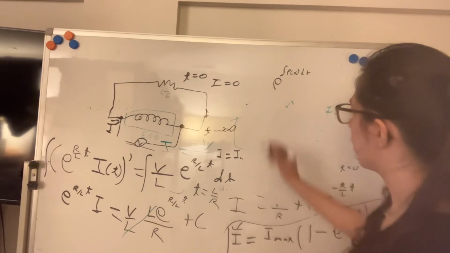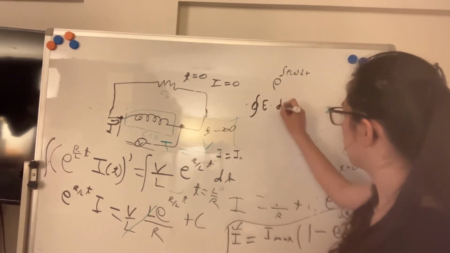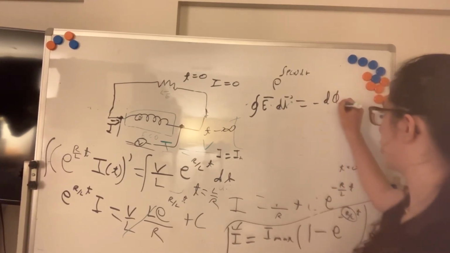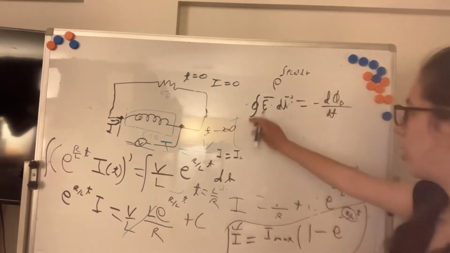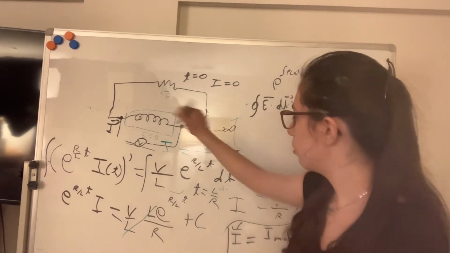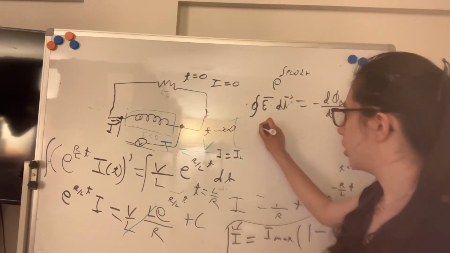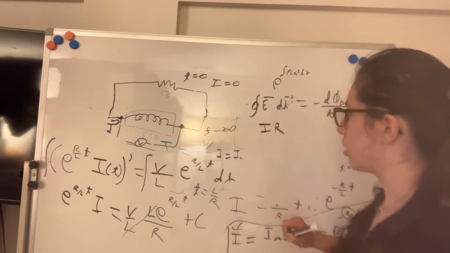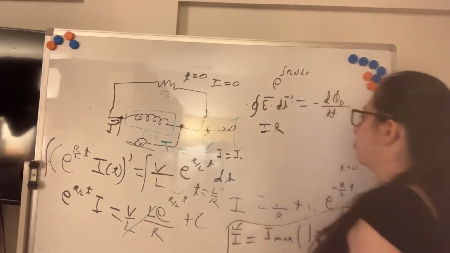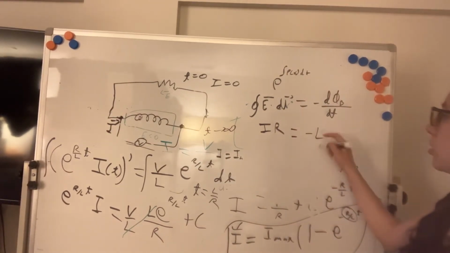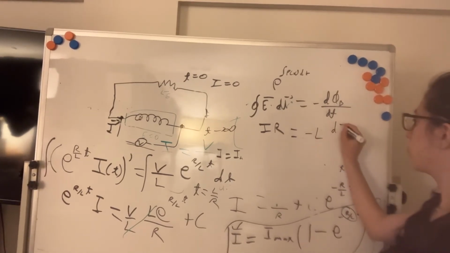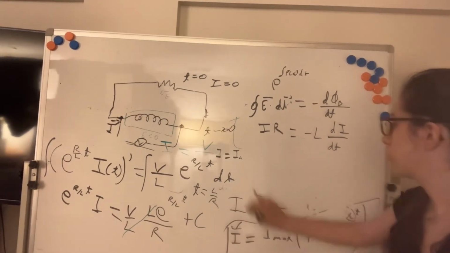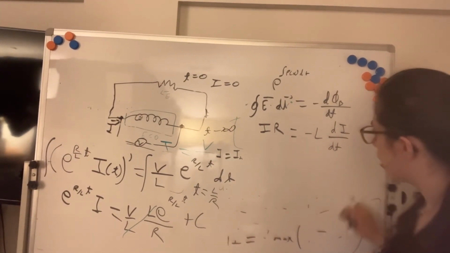Now the closed loop integral of E dot dl continues to be equal to the change in magnetic flux with respect to time, but now E dot dl is just the current times the resistance, because we have no battery, and this would be equal to the negative of the self-inductance times the change in current dI/dt. And now we need to solve this new differential equation.